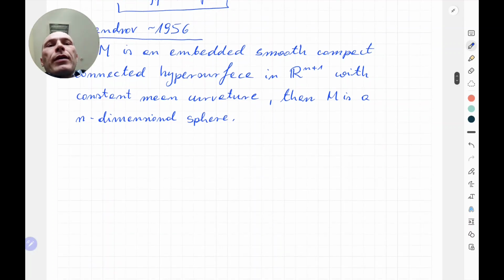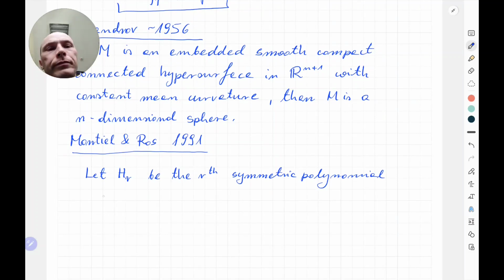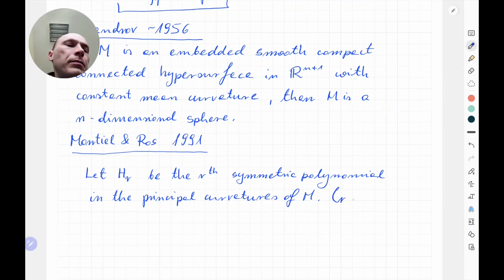A more recent result by Montiel and Ros states that in a similar situation, for M with the same assumptions, an embedded smooth compact connected hypersurface, but not constant mean curvature, but some other thing constant, namely, we let H_r be the r-th symmetric polynomial in the principal curvatures of M. This is all classical, meaning using Euclidean norms.